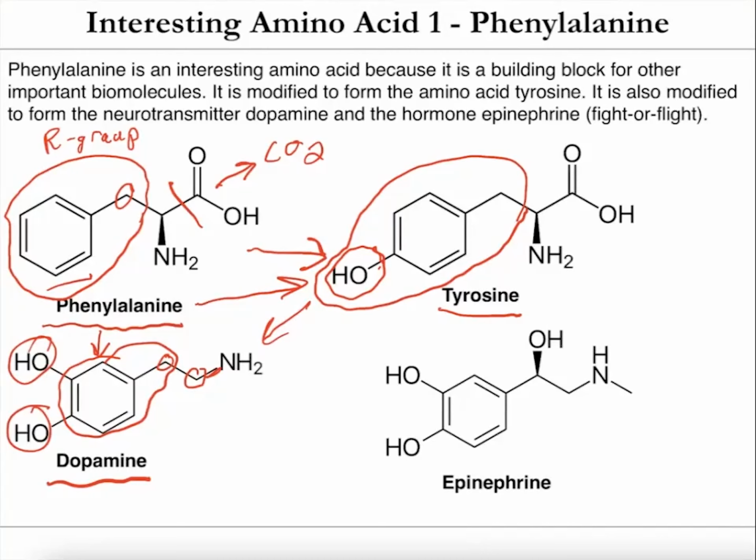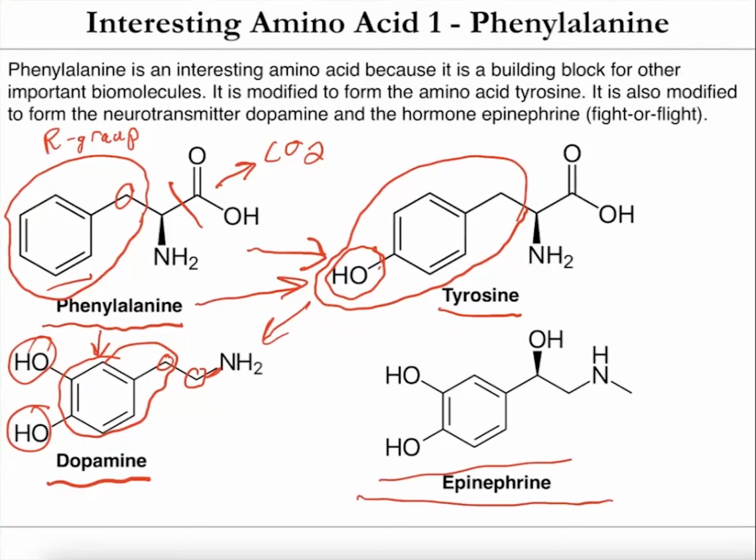Another one is epinephrine. So this is a hormone involved in the fight or flight response. So like if you're walking down the road and you see a lion and you need to get away really quickly, your body's going to be flooded with epinephrine, which is going to tell all your cells to stop digesting food, and your blood vessels dilate, and it'll basically allow you to have a fighting chance to survive a stressful situation.